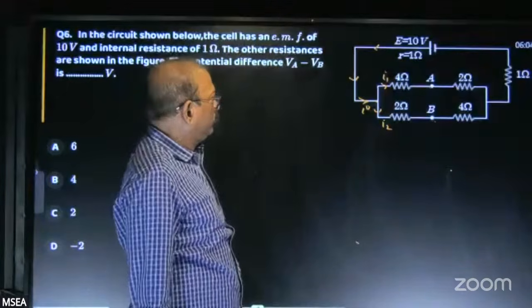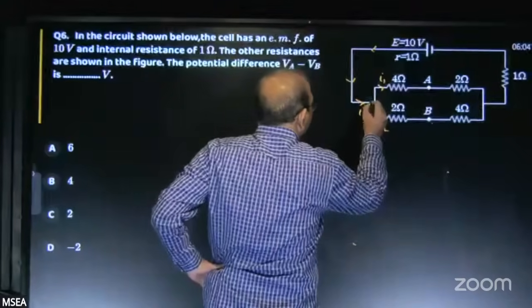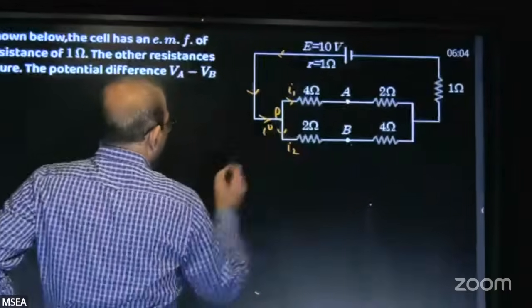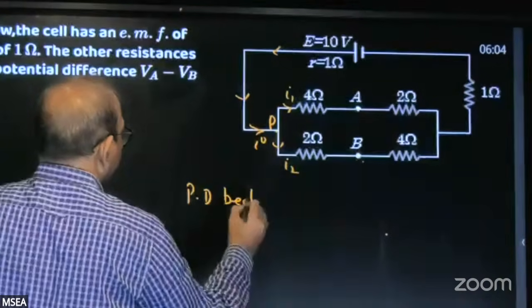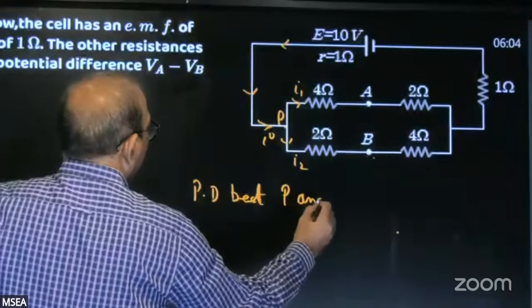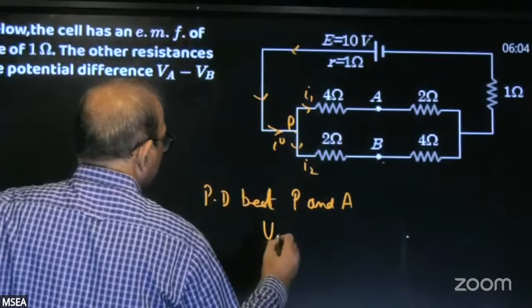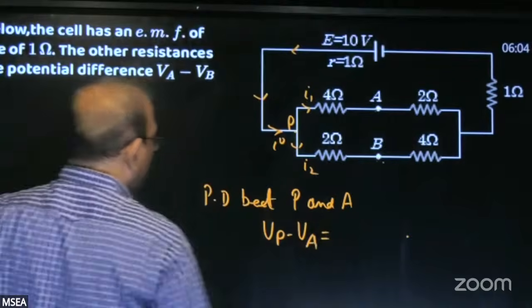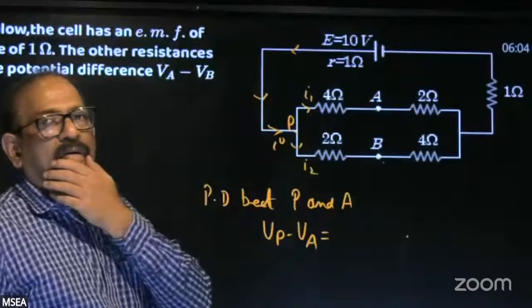Find I1, I2. Take this point as P. You find the potential difference between P and A, that means Vp minus Va. Find this Vp minus Va.